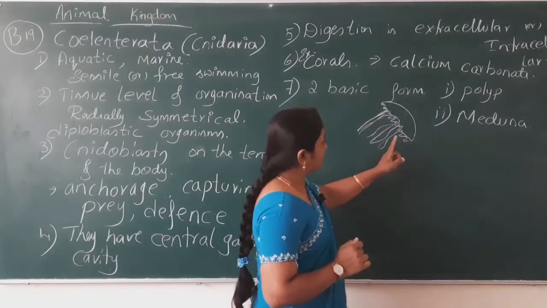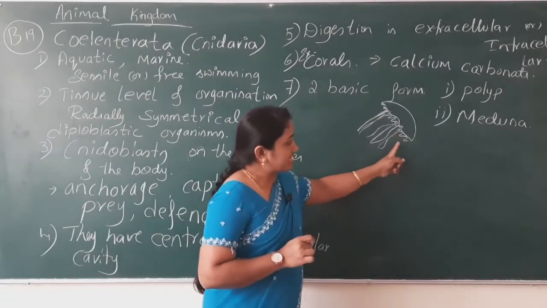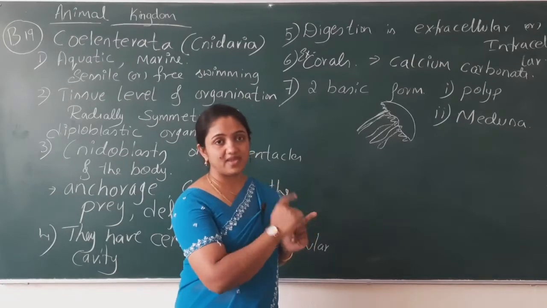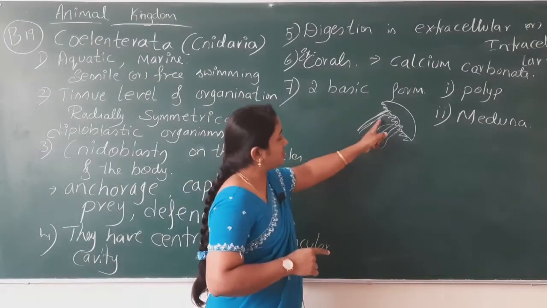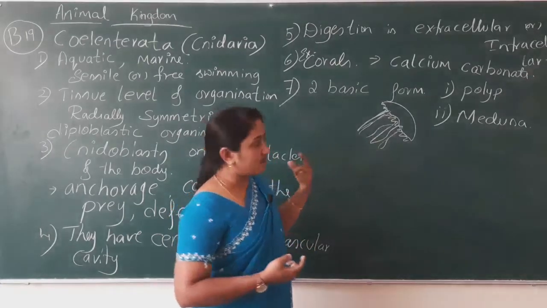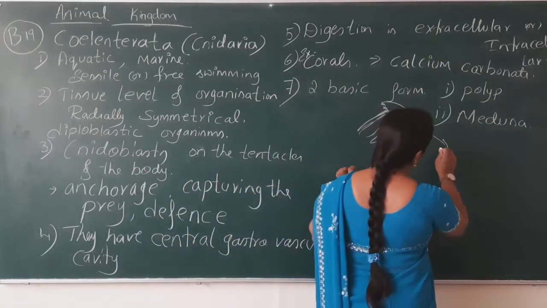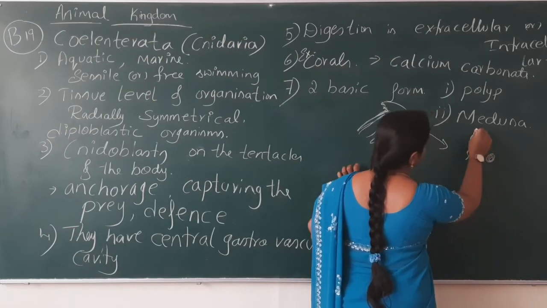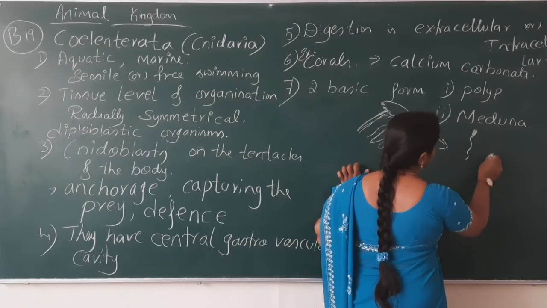So this Aurelia releases gametes. Male Aurelia releases sperm, female Aurelia releases egg. Consider this as sperm and egg.